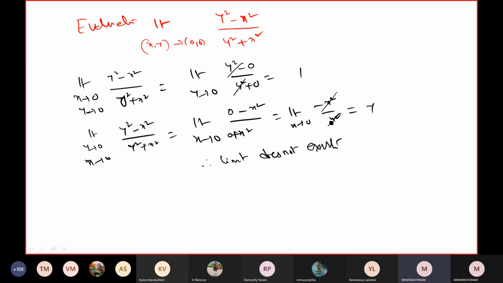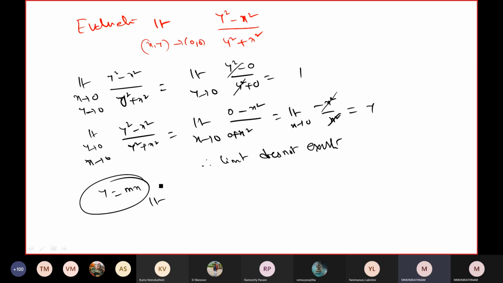Is it fine? Okay. Or if you take y equal to mx, with x comma y approaching 0 comma 0.